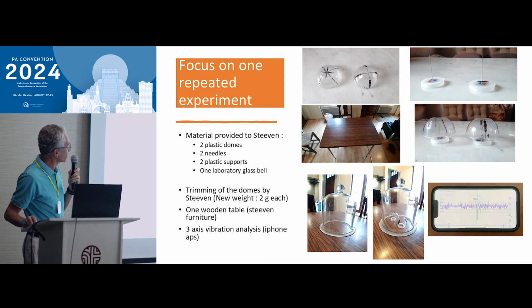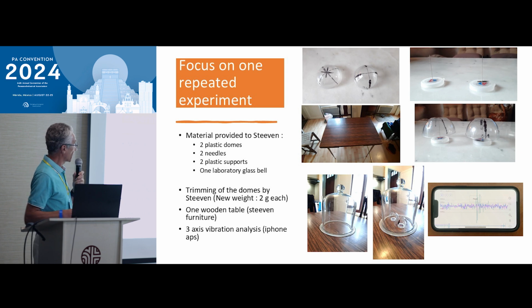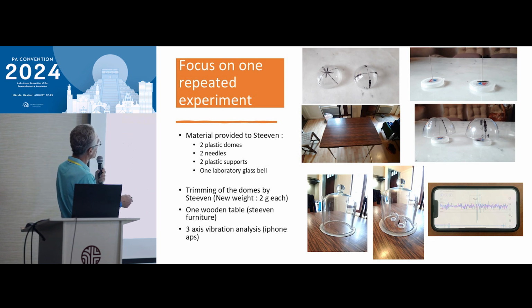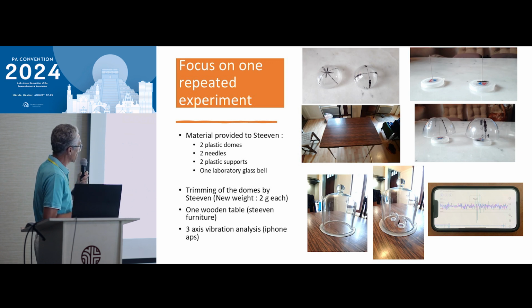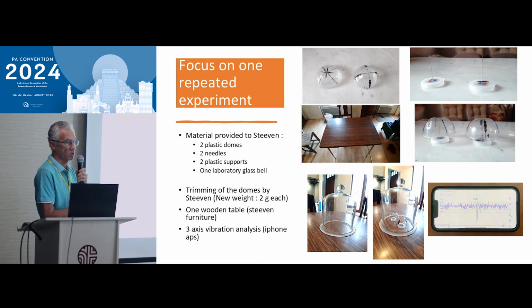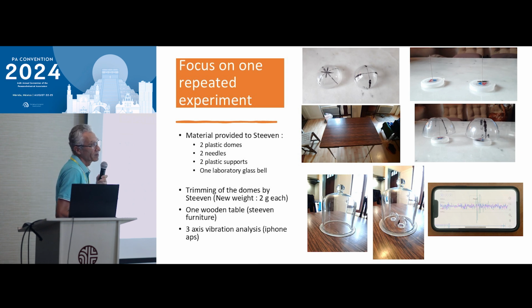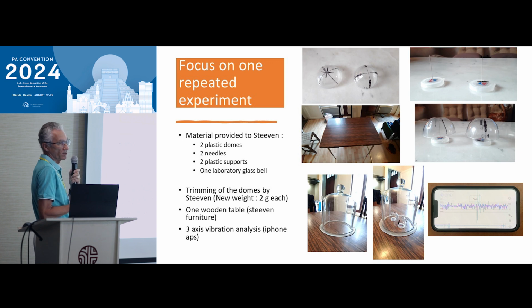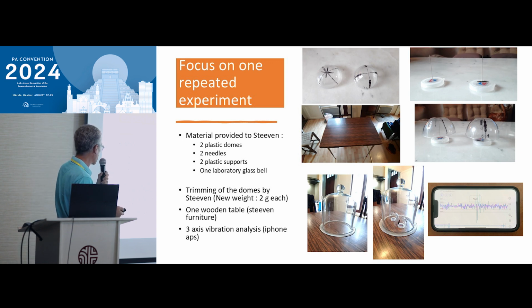It was interesting because we saw further that these plastic domes have an edge around, and Steven, the PK agent, was not able to run it under the laboratory bell unless he trimmed it. So he cut the edge around. Ask me why? Maybe it's a bit lighter, but you'll see after that it's not really that. We don't understand it all. So, a wooden table and a 3-axis, and the laboratory bell here.